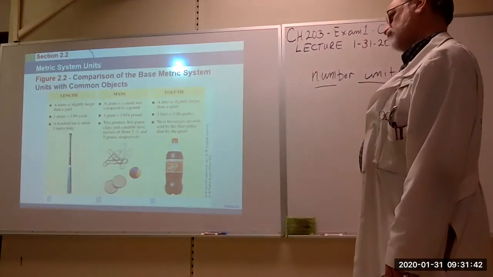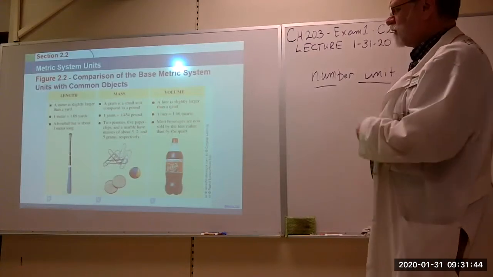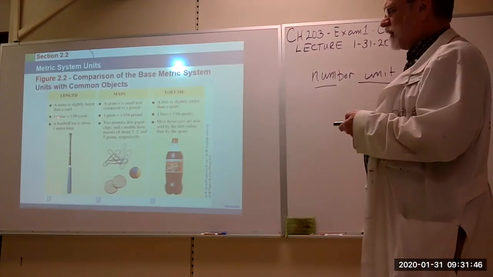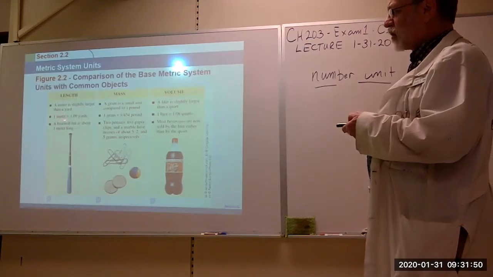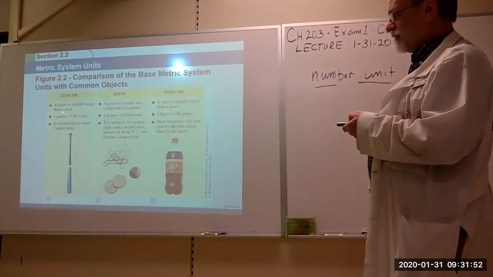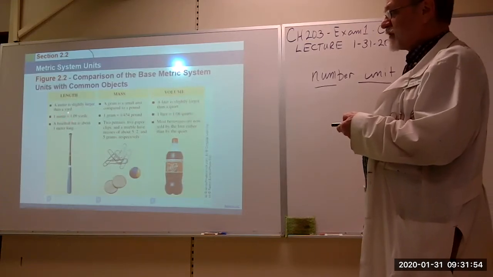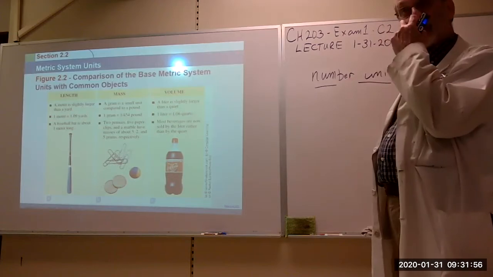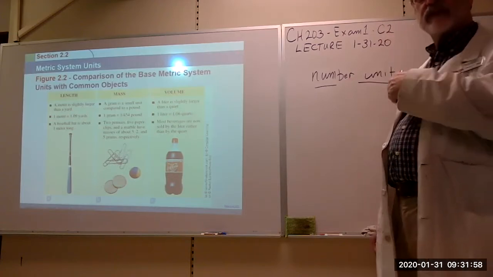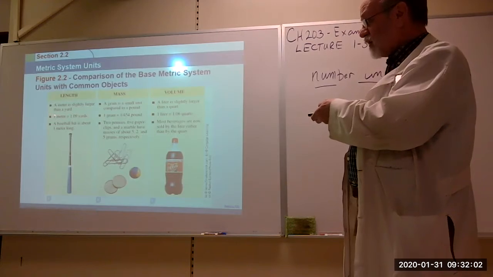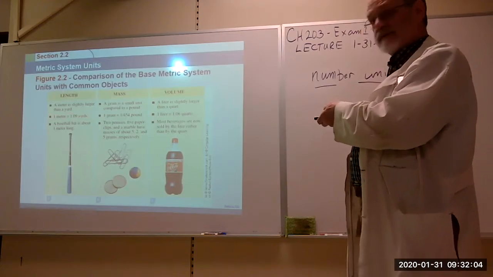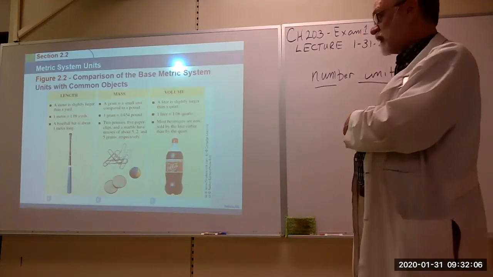Well, let's see. What do we need to know? A meter is a little bit longer than a yard. Why? Because it takes more than 1 yard to make 1 meter. Right? If it takes more than the unit to be equal to 1 of the other unit, that means this is the smaller unit, doesn't it? It has to be.